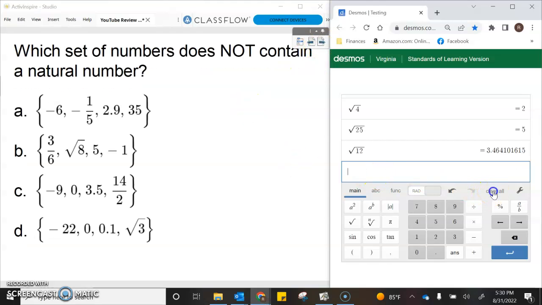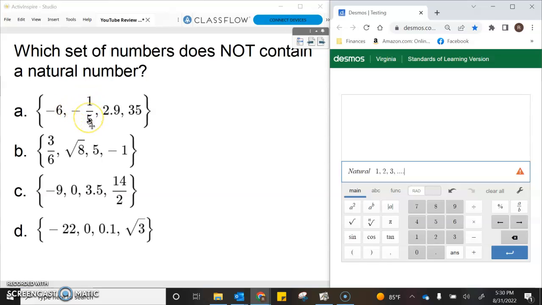Okay, this says, which set of numbers does not contain a natural number? Well, we know that natural numbers are our counting numbers. 1, 2, 3, and so on. So we're going to look at each one and see. Negative 6 is not a natural number, okay?